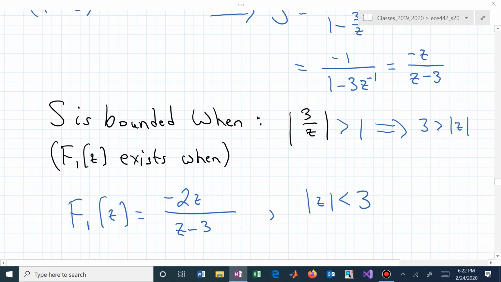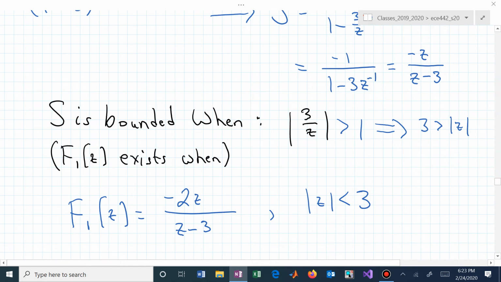So capital F1 of z exists when the magnitude of z is less than 3, and what is F sub 1 of z? That's minus 2z over z minus 3, because that 2 we factored out. S was the minus z over z minus 3, and F1 was twice that.